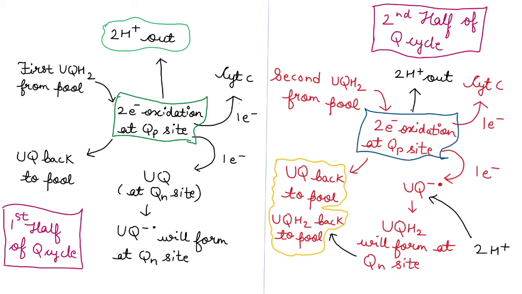After release of 2 hydrogen and 2 electrons, fully reduced UQH2 will be converted to fully oxidized UQ, that is ubiquinone. The ubiquinone which has been formed will again enter back to the pool from the QP site. And of the 2 electrons released, 1 electron will be accepted by cytochrome C, and the second electron will be accepted by Q. We know that once the UQ enters back to the pool, it will again come and bind to the QN site.